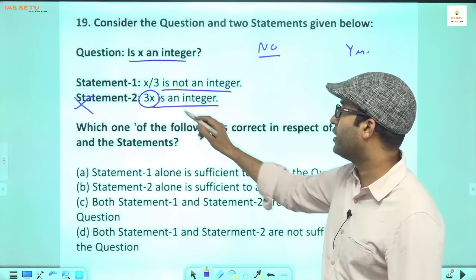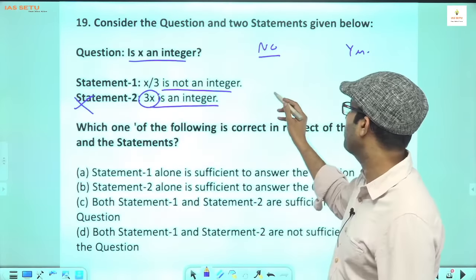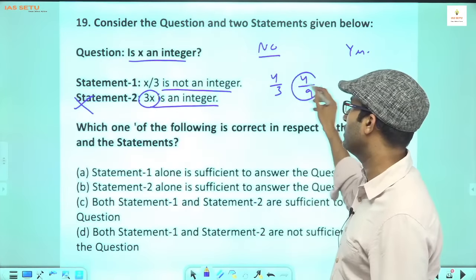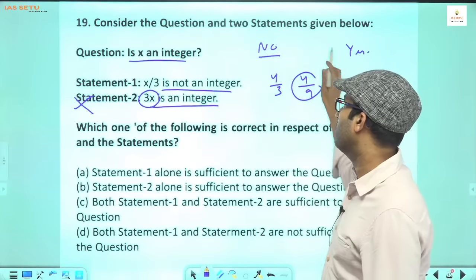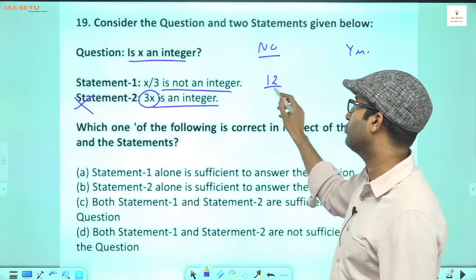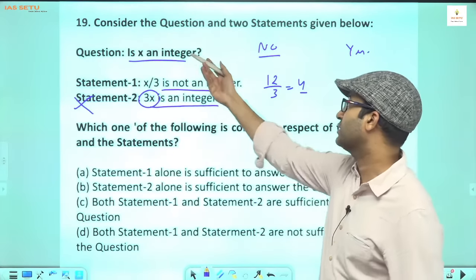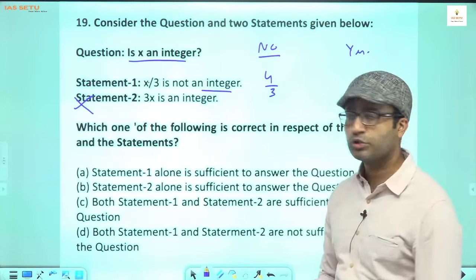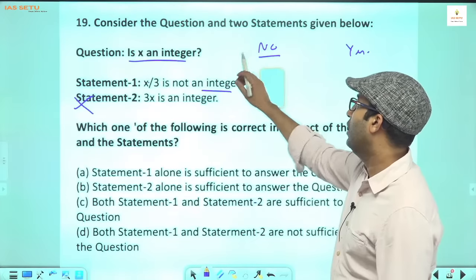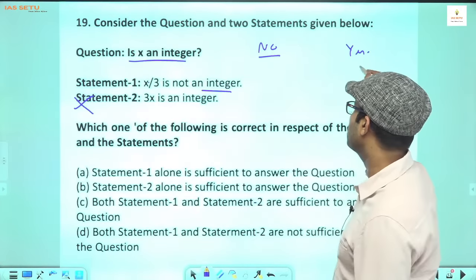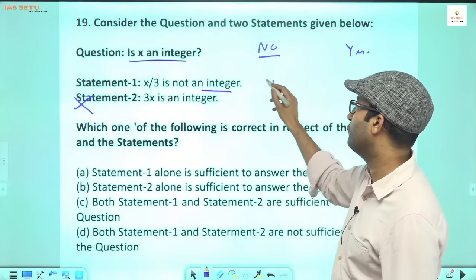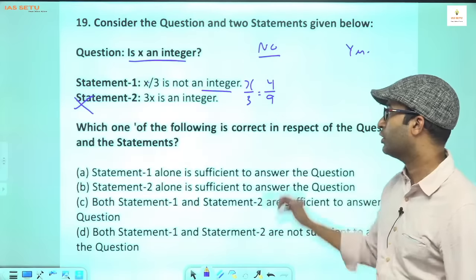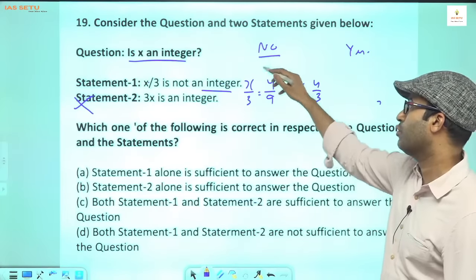Or if I take x by 3 as 4 by 9, then x is not an integer. But if I take x as 12, 12 divided by 3 is 4, x is an integer. If you take the value of x as 4, it becomes 4 by 3, which is not an integer. Okay, so x is an integer yes, or if I take x by 3 equal to 4 by 9, so x is 4 by 3, no, x is not an integer.